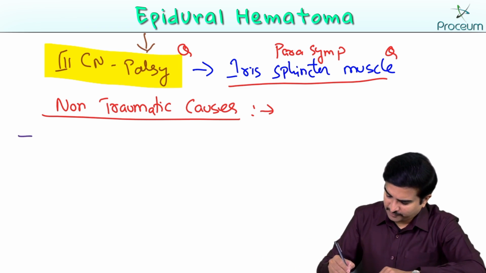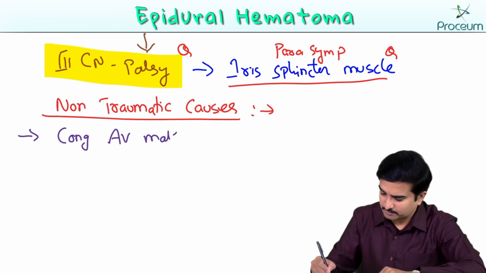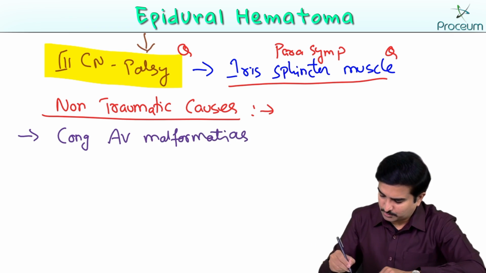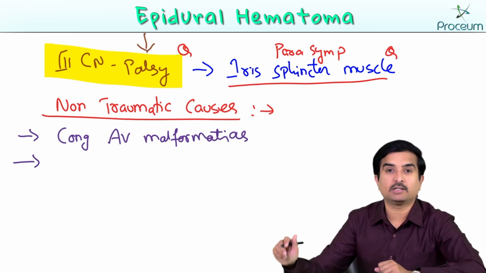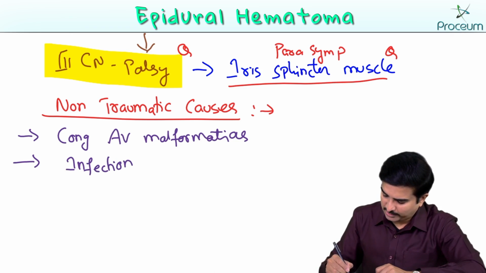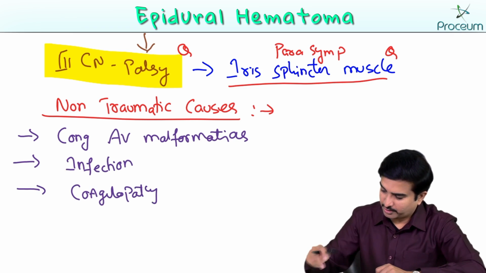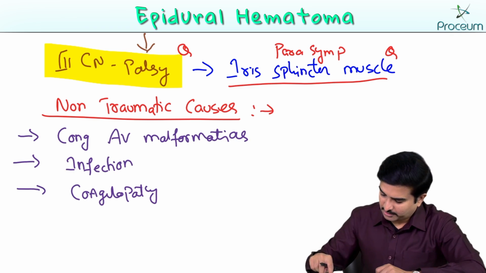The first one will be congenital arteriovenous malformations, that may lead to the development of epidural hematomas, or infection, or coagulopathy, right? Concentrate on these points pretty clearly.